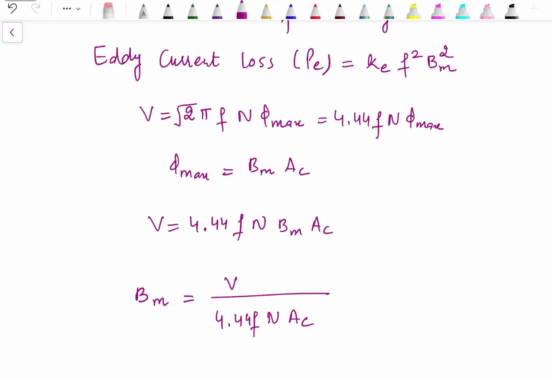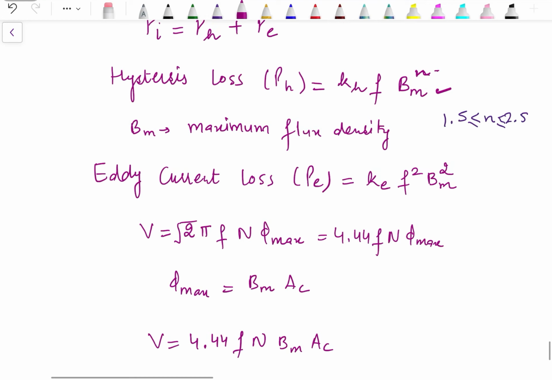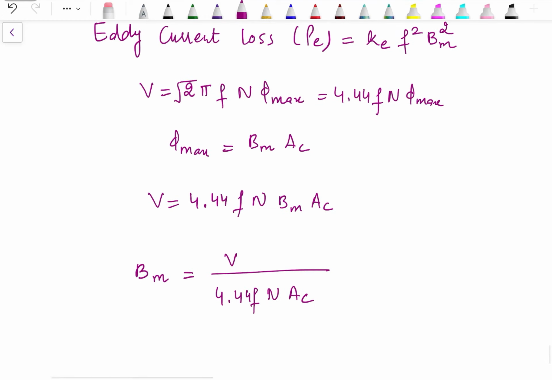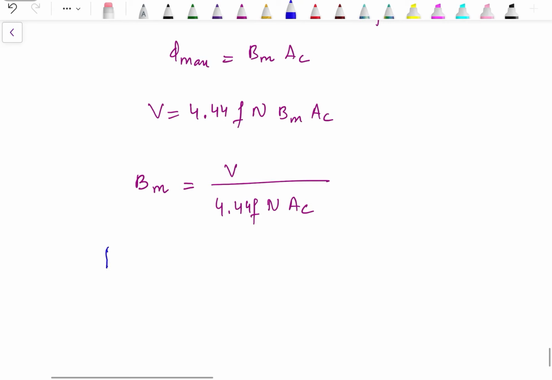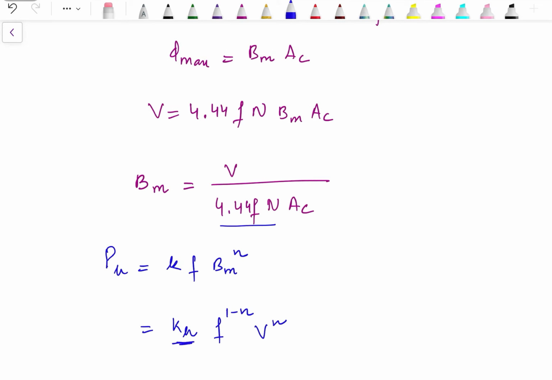Since frequency is constant, number of turns are constant, area of cross section is constant, the expression of hysteresis loss, Ph = Kh f Bm^n, will get modified as Kh f^(1-n) V^n, since all other terms are constant, so they can be incorporated over here.